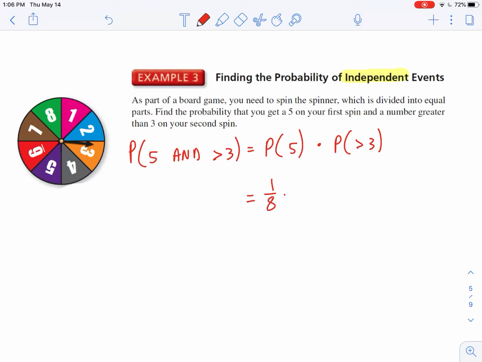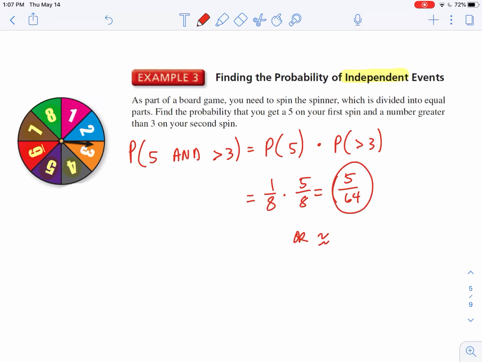The probability of getting a number greater than 3, well, keep in mind that 4 would work, 5 would work, 6 would work, 7 would work, and 8 would work. So we have 5 different ways for that to happen. So the probability of that would be 5 out of 64. That would be one way we could express it.